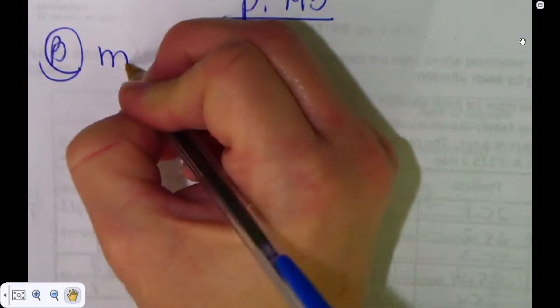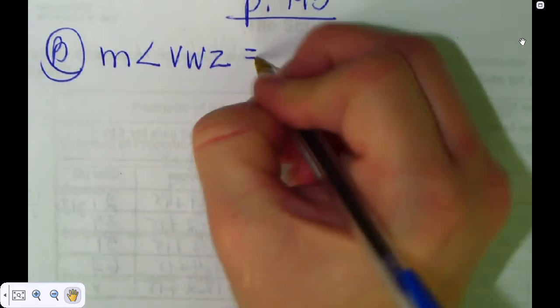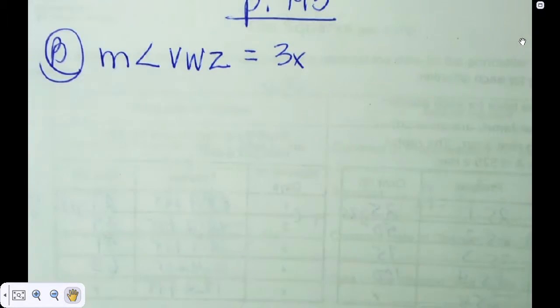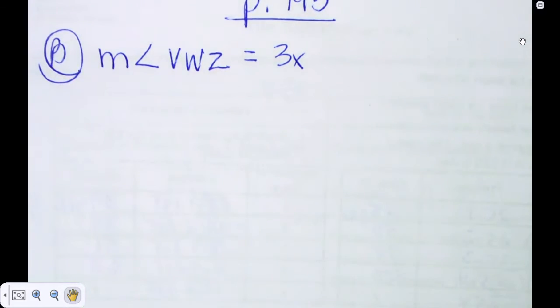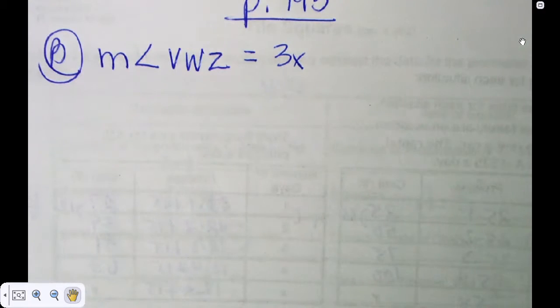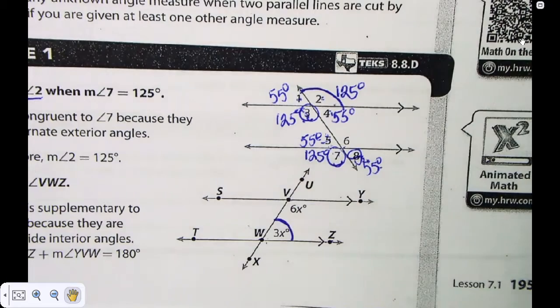Write measure of angle VWZ equals 3x. Okay, we have to find x somehow. So let's look at our diagram and figure out what we know from that diagram. Study the diagram and tell me what you notice.